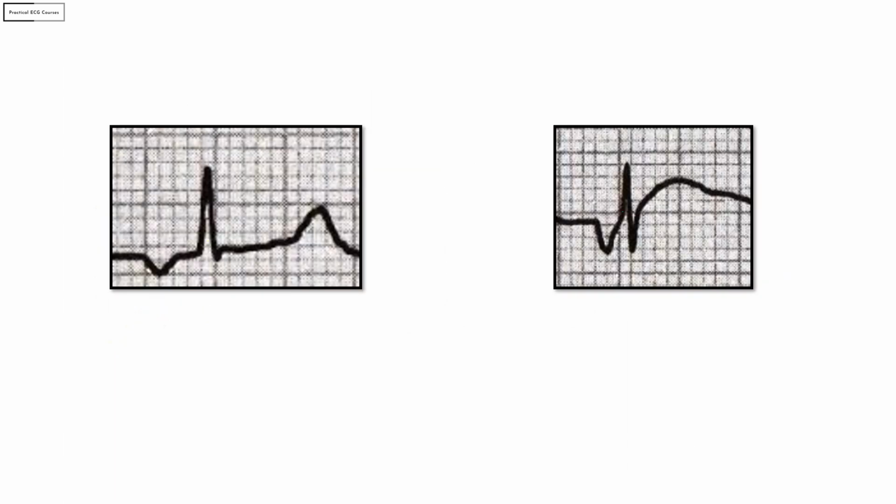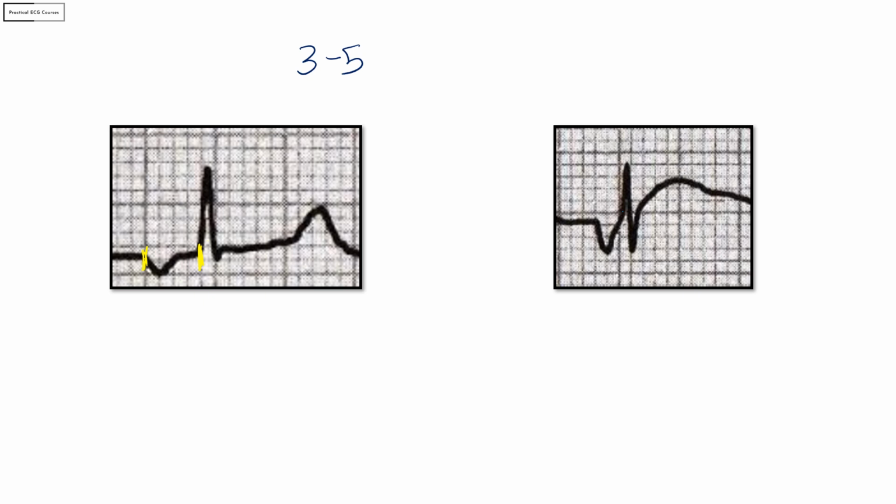If you look at both these complexes, you can see inverted P waves in both of them. So which one of these is low atrial rhythm and which one is the junctional rhythm? If you look at the PR interval here, you can see that it is around 4 millimeters. Remember that the normal PR interval is between 3 to 5 small squares or 120 to 200 milliseconds.